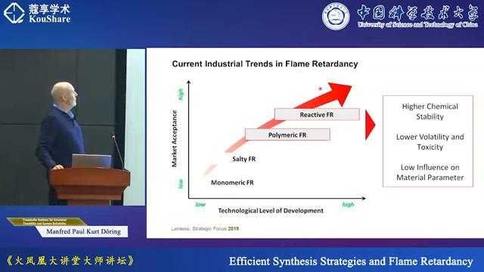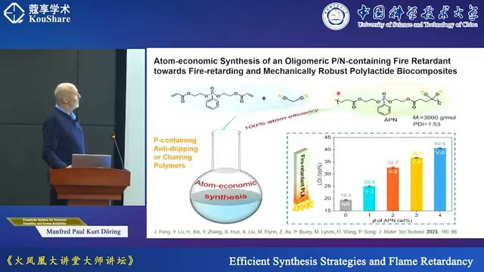That means you can produce, or you can upscale, much more easily compared to a molecular compound. That's why we take a look at the cyanate phosphorus compounds as polymers, and it was described, and look here, first time this year, pretty new.